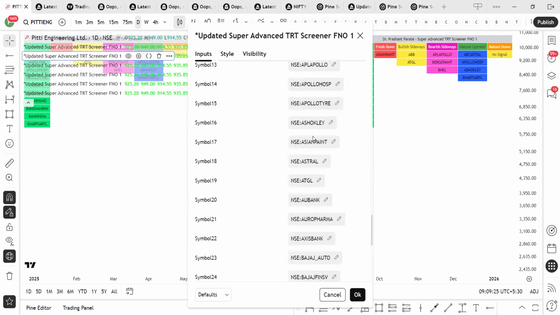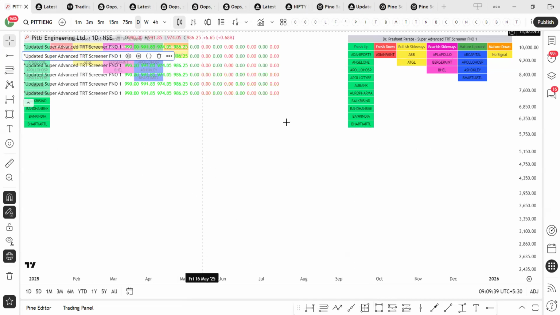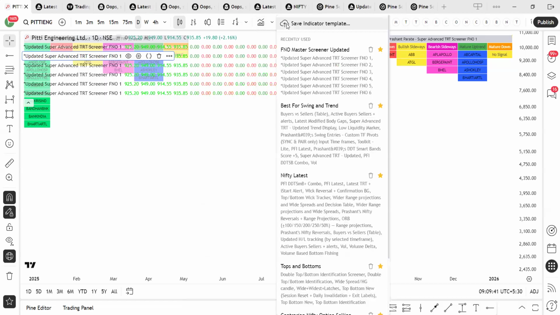You will have to follow this, change all the symbols, and if you have only two, then you can analyze 70 stocks at a time. If you have a paid version, you can analyze more, and then you can create a template of this. Once you add all these 6, click here, indicator templates, and save indicator template.